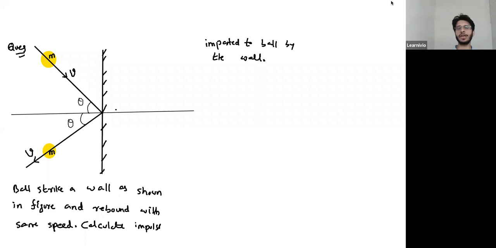So to solve these types of problems, the best thing is just resolve your velocity along x and y axis. This is your initial and this is your final.